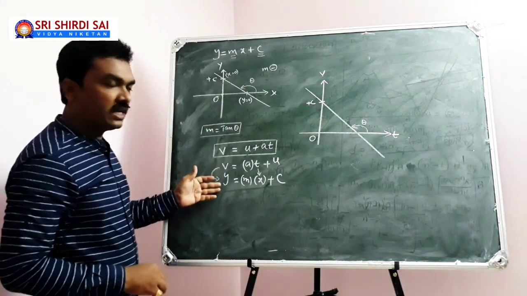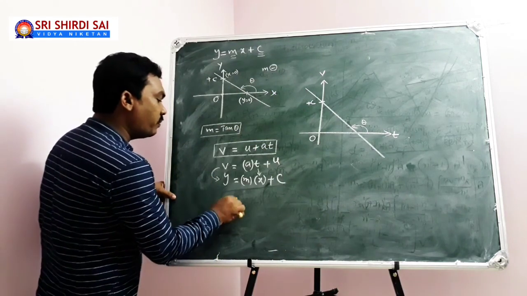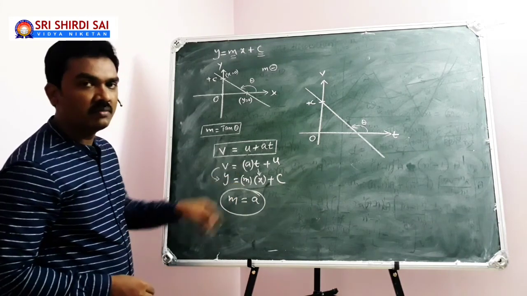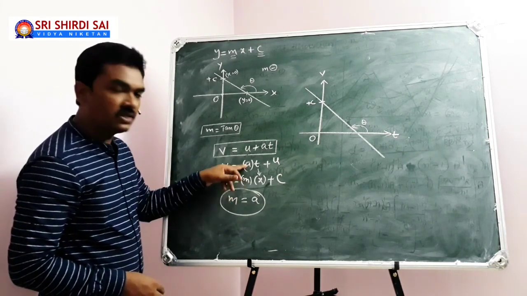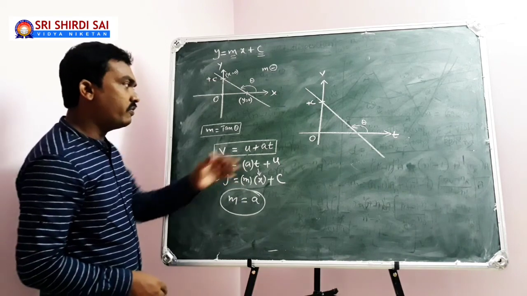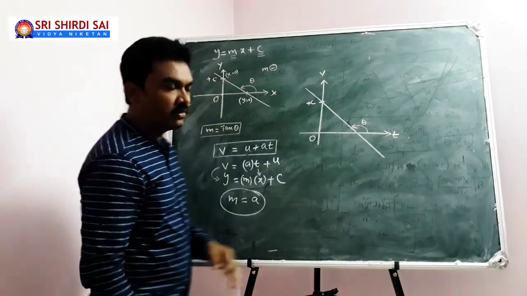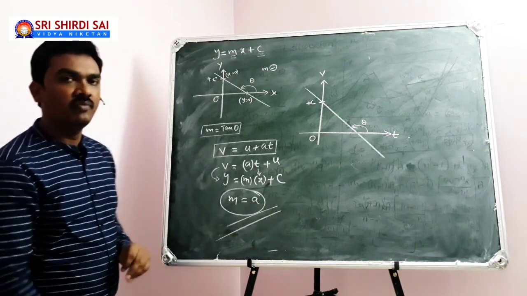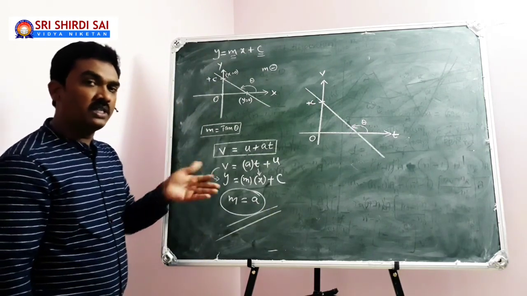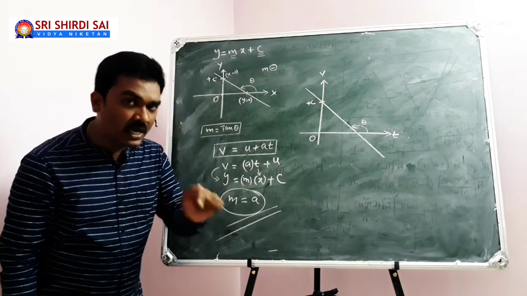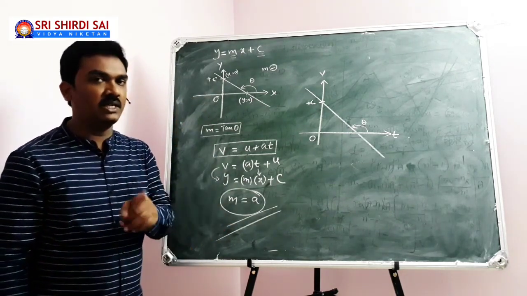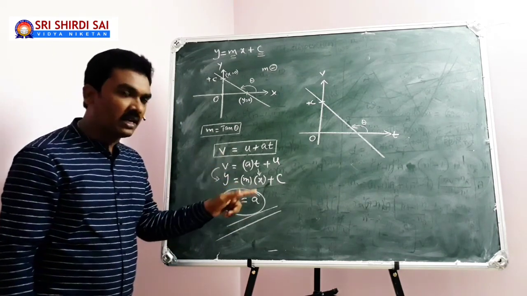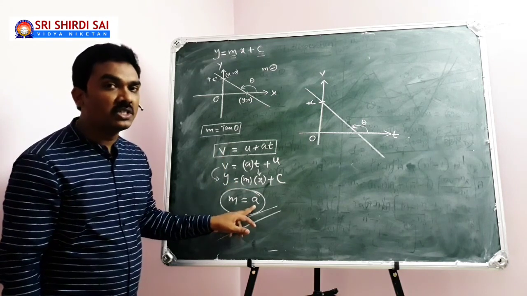But this equation tells you that the slope of the velocity-time graph will give acceleration, m equal to a. M coincides with a, which means the slope of the velocity versus time graph gives acceleration. This is the first point you need to note. The slope of the displacement versus time graph gives velocity. You have learned it already. The slope of the velocity versus time graph will give acceleration.